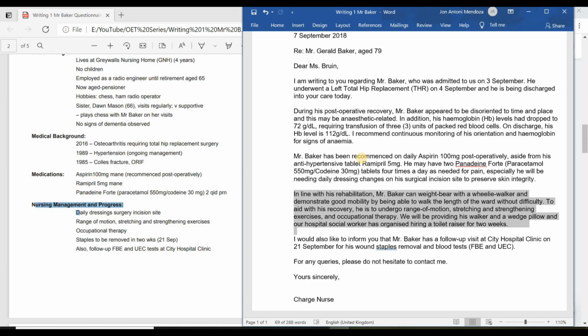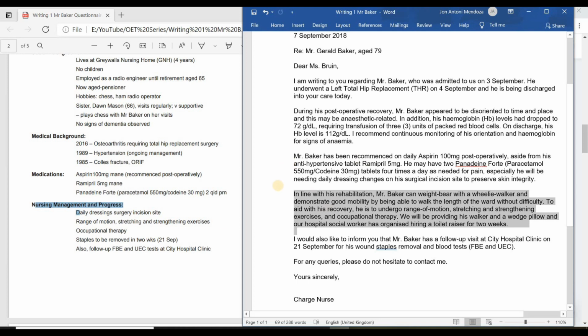And to aid with his recovery, he is to undergo range of motion, stretching and strengthening exercises, and occupational therapy. We will be providing his walker and a wedge pillow, and our hospital social worker has organized hiring a toilet raiser for 2 weeks.